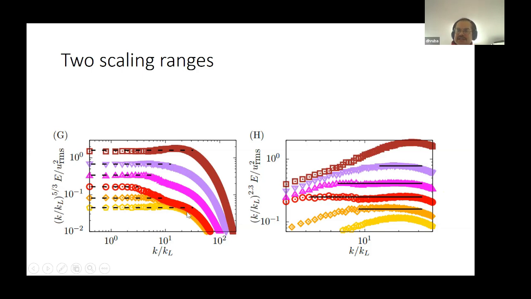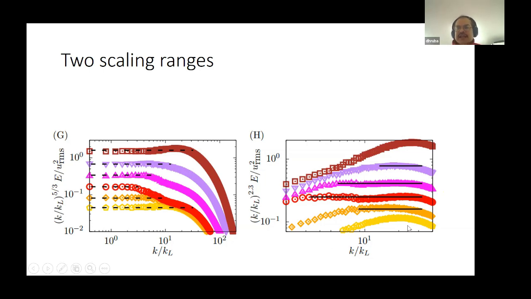What happens at large k? In the large k, there is a different scaling exponent, which is 2.3. And you notice that as you increase the Deborah number, over here at small Deborah number, that range is practically non-existent. Excuse me. And then it increases. And in the red one, it's a pretty long one.